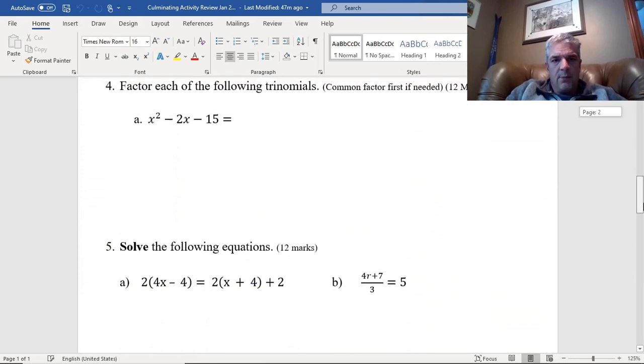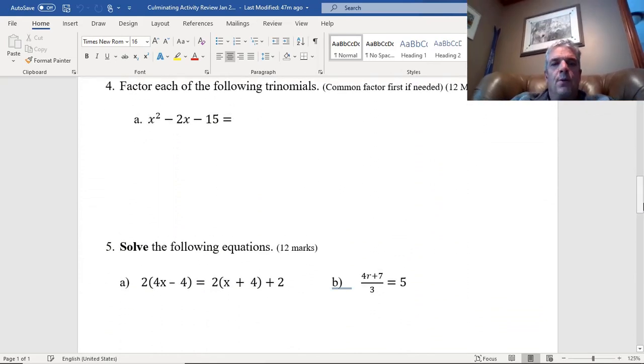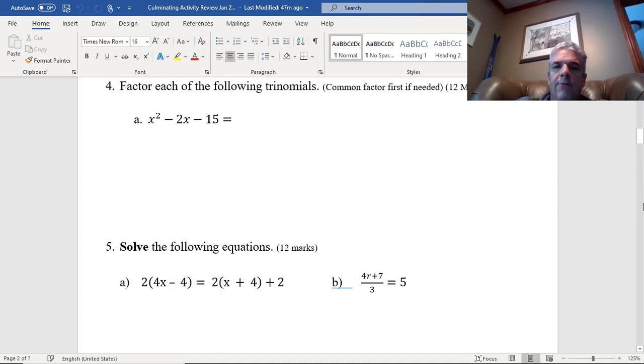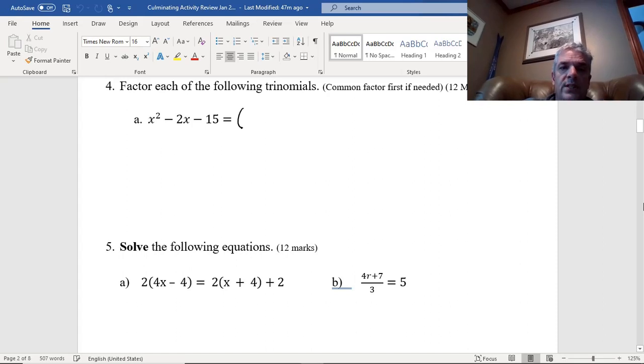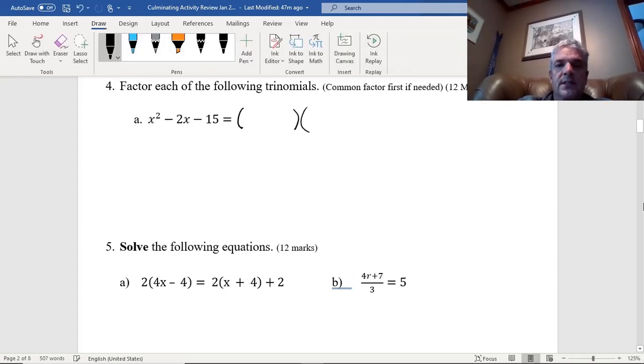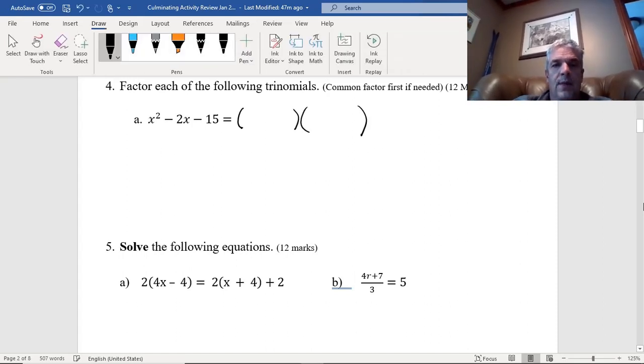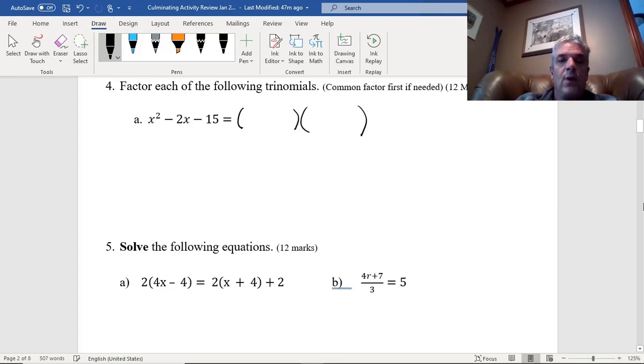Number 4. We're on number 4. And this is factoring. So remember, when we have a trinomial and we're factoring a trinomial, we're always going to end up with 2 sets of binomials. Remember that? So the first thing we do is we write our brackets in, and then we write our x's in, right?